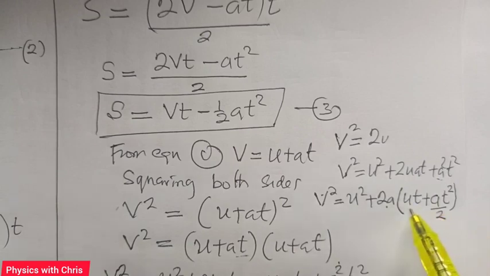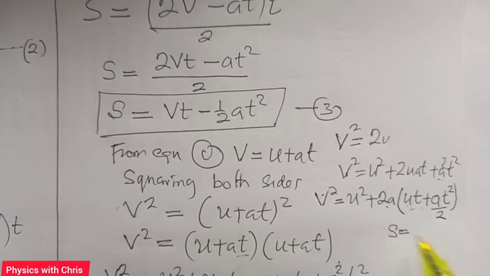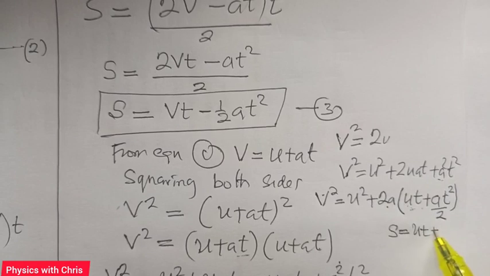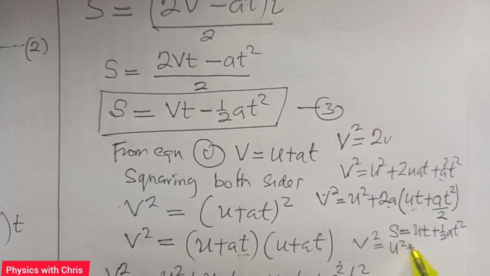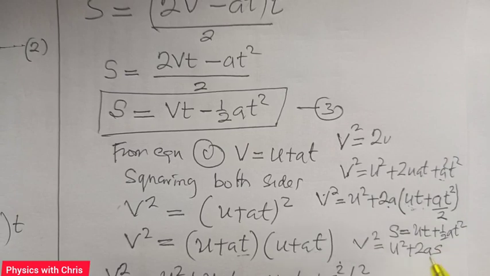So this is the same thing as equation 2, which we derived already. That is ut plus half at squared, which is equal to my distance. My distance was ut plus half at squared. So when I replace that, I finally have v squared equals u squared plus 2as.